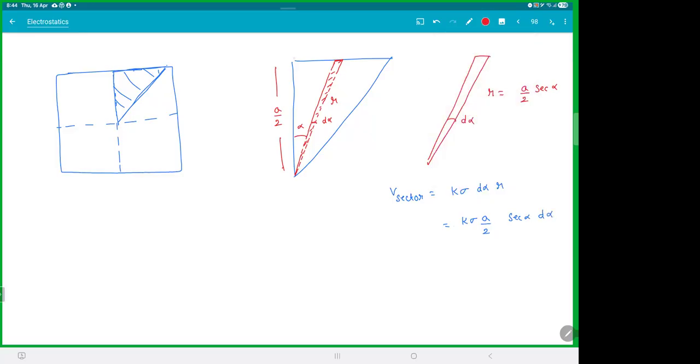And if you look at the limits of alpha, here alpha is 0, here alpha is 45. So the potential at the center due to this 1/8 of a plate is K sigma a by 2 integral sec alpha d alpha. Limits will go from 0 to pi by 4.